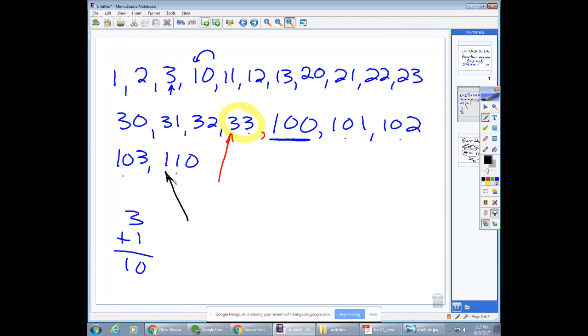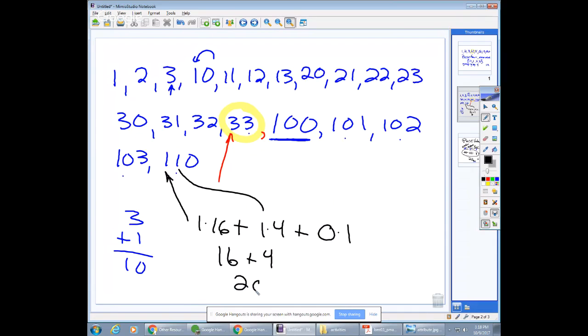It's 16s, right? So this says I have one group of 16, and what's the next one say? One group of 4. And the last one has no 1s. I usually just explicitly say, I've got no 1s. So really this is a 16 and a 4, which altogether in our number system is a 20. So yeah, it worked out.